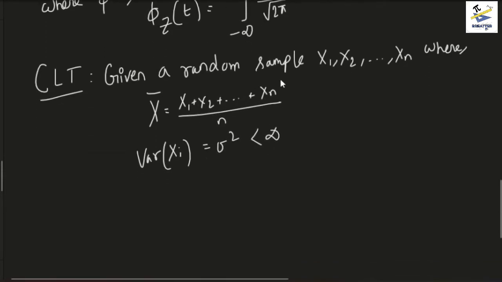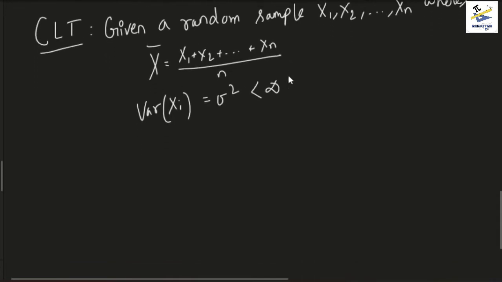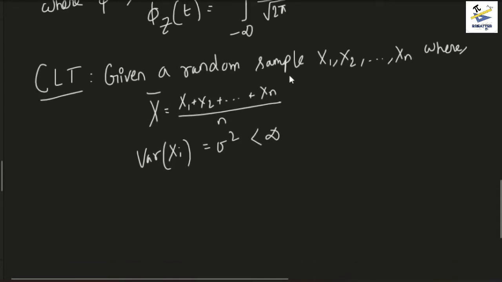So when you have the mean and the variance of each of them, they come from the same distribution, which are IID. Of course, I want to write IID here, and the mean is mu. So basically, E of xi is mu.